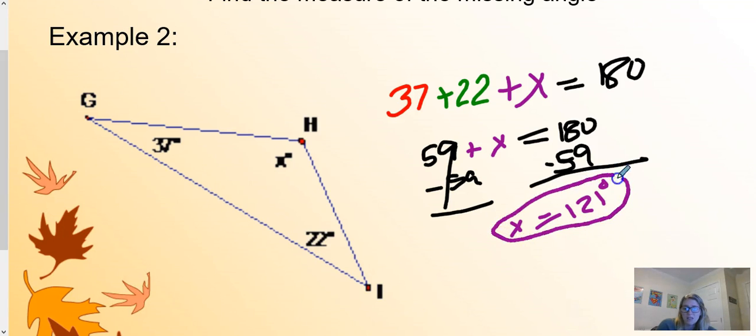If we get an angle like this, we could classify this triangle as an obtuse triangle based off of its angles. Remember that the last one was a right triangle because we had a right angle.